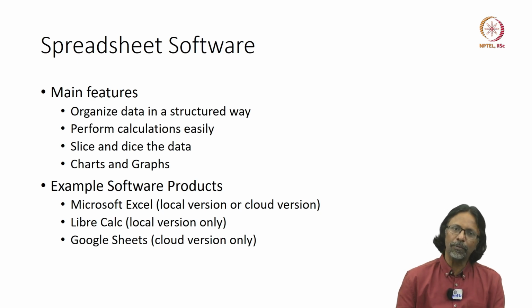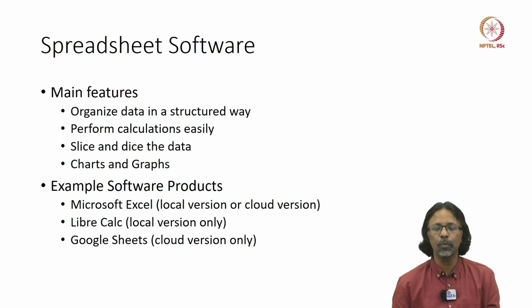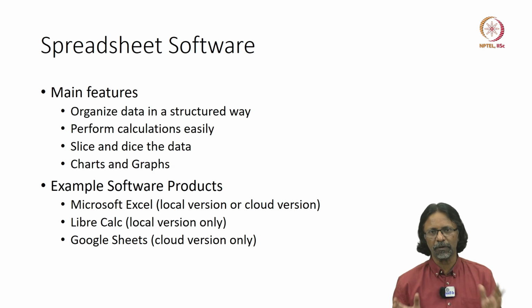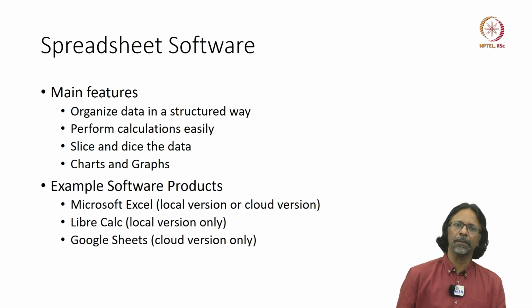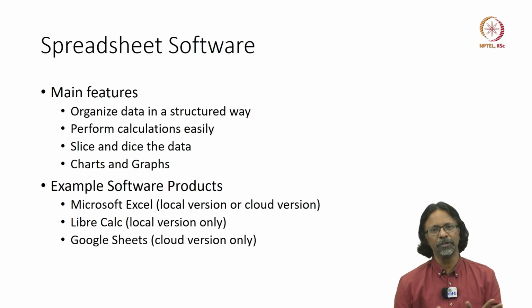Okay. Now, I would also like to point out that Microsoft Excel now comes in two variations. One is called the local version, wherein you can install the software through a setup file on your local computer or laptop, right? And then you can use it.